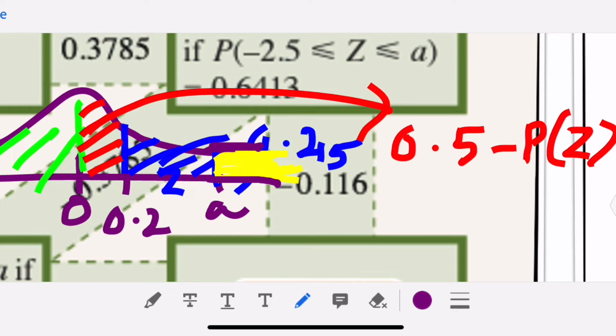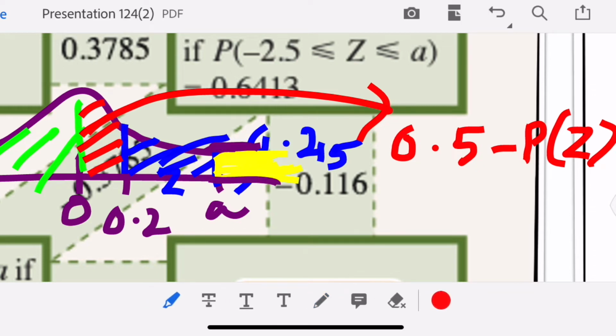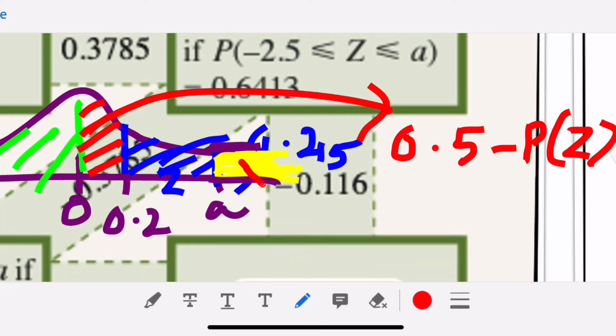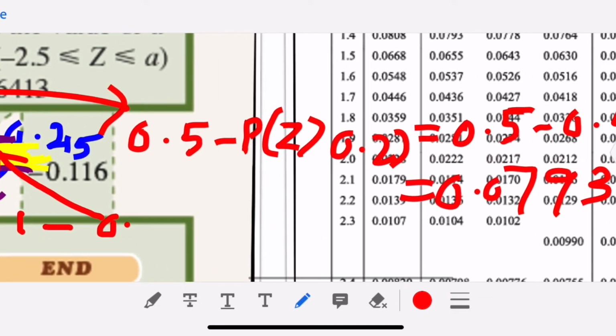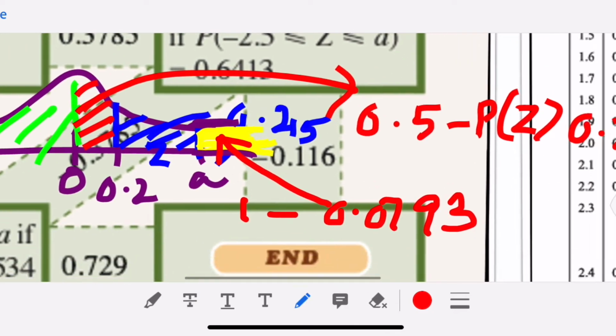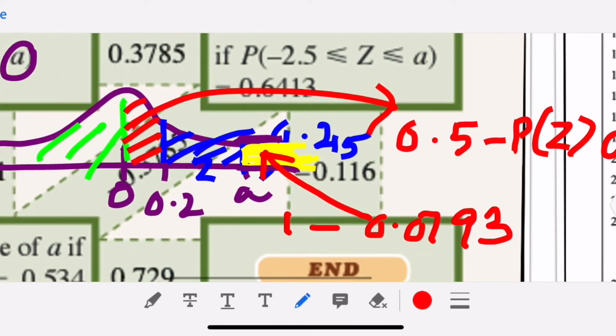So since we got the area for almost everything already except the yellow one, we can say that this area is one whole bell minus the area that we found just now, which is 0.0793, and we have to minus out the green area, half of the bell, to the left.